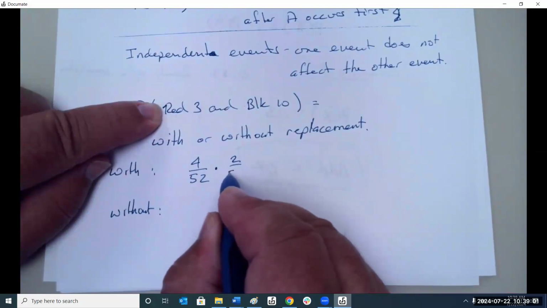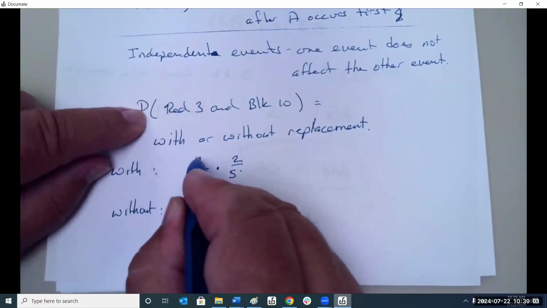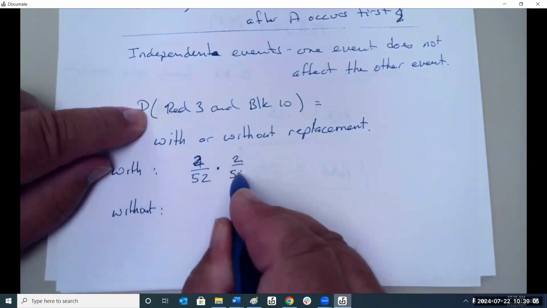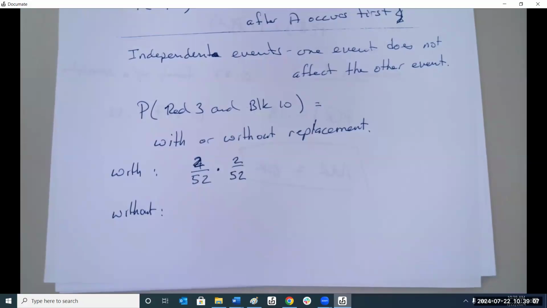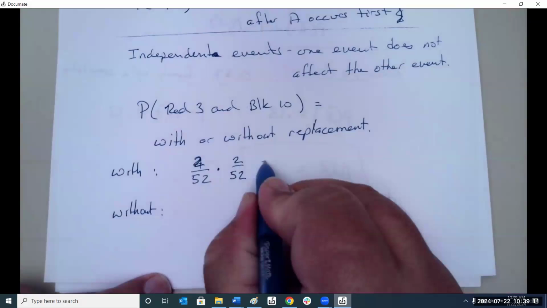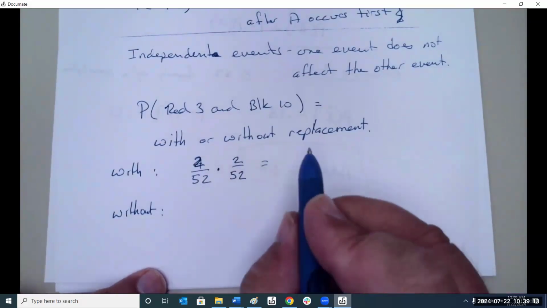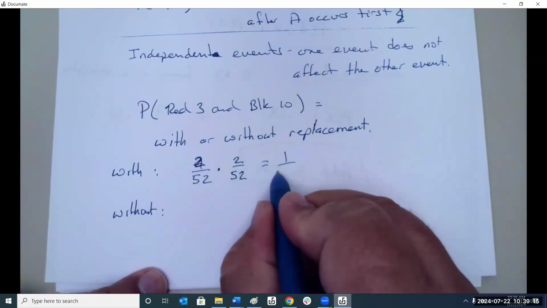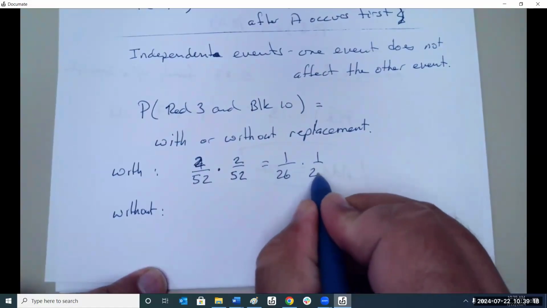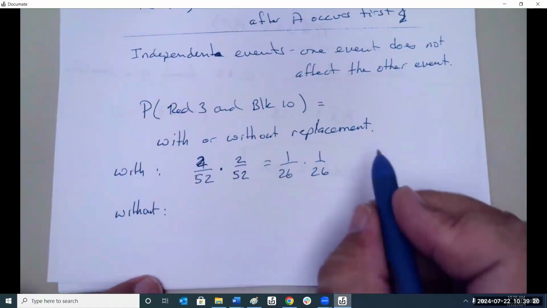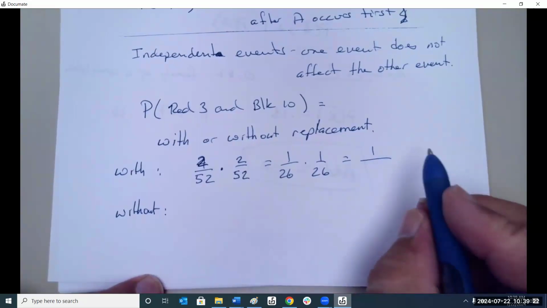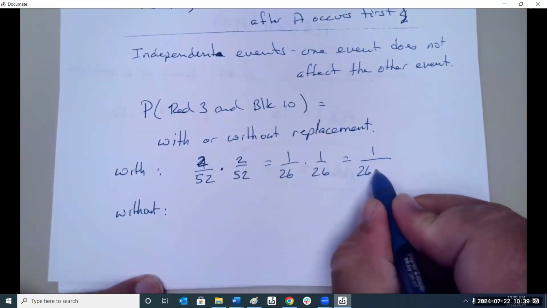Very good. 2 out of 52. Oops, the first one's 2 out of 52 also, because there's only 2 red 3s and 2 black 10s. So we simplify both of them, 1 over 26 times 1 over 26.